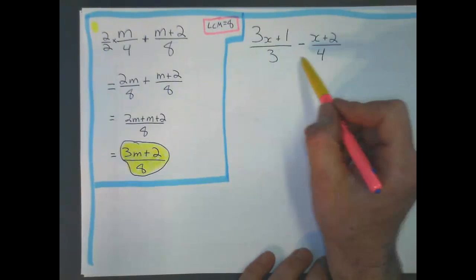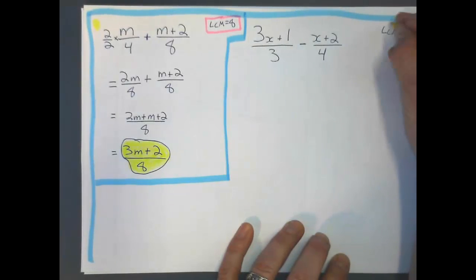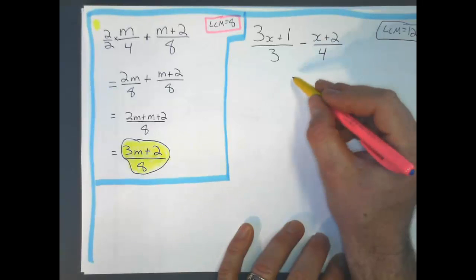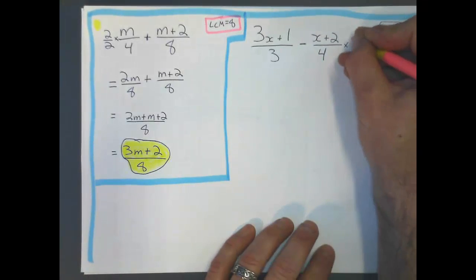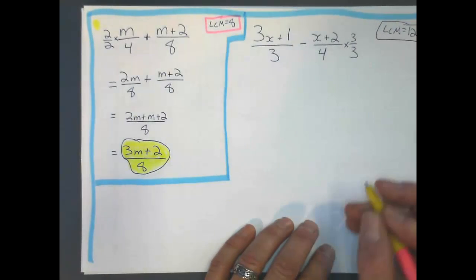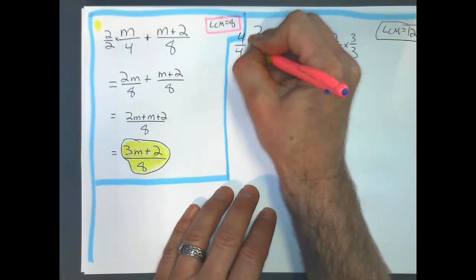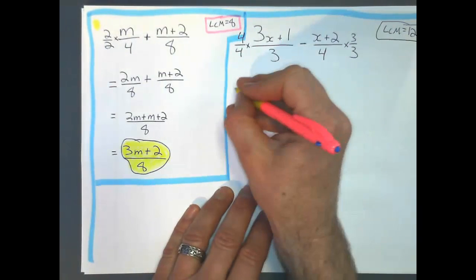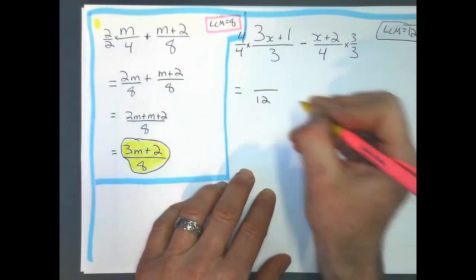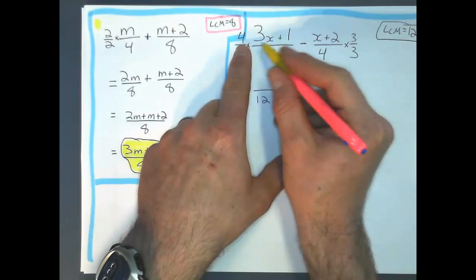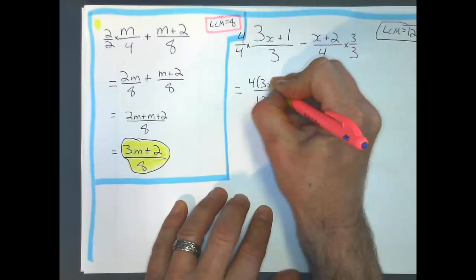Next one, 3 and 4. The least common multiple is going to be 12. So I'm going to rewrite both of these with a denominator of 12. This one gets multiplied by 4 over 4, and this one gets multiplied by 3 over 3. Everything in the first numerator has to get multiplied by 4, so I have to put that in brackets.